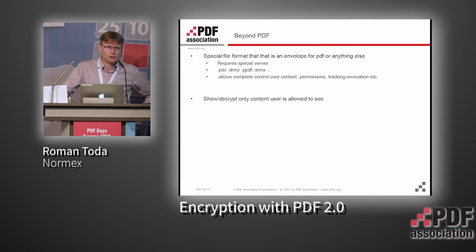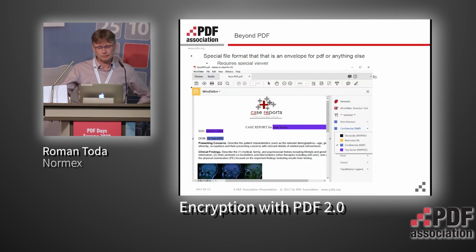So we've seen also a couple of applications where people are trying to control access to a portion of the text, of the content. Like, I don't want you to see this specific table. I don't want you to see this specific paragraph. I don't want you to see these pages at all. And there is one interesting implementation which does this.